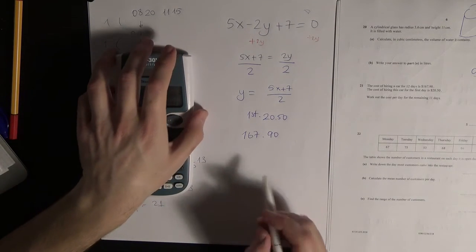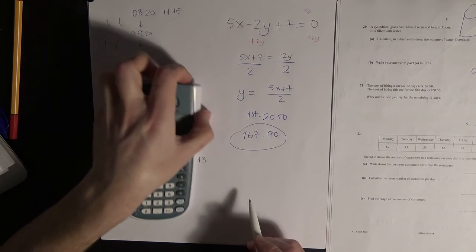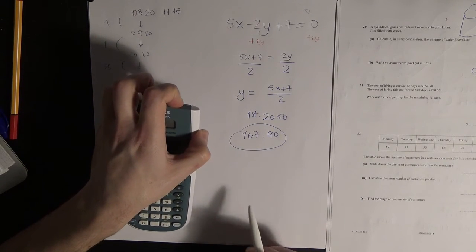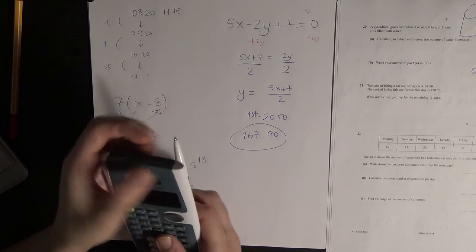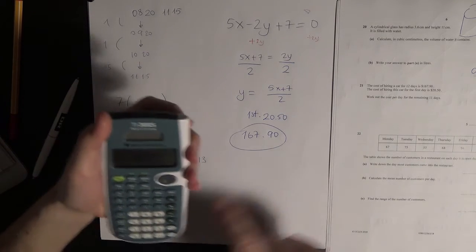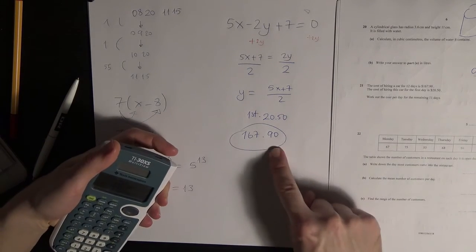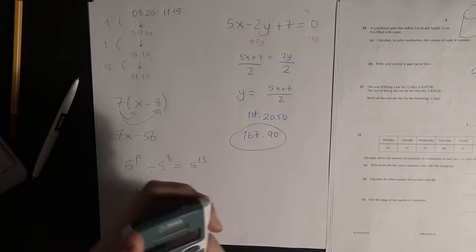Okay, so this is total cost. Sorry, this is asking per day. So this is a total cost. I need to remove this one, right?